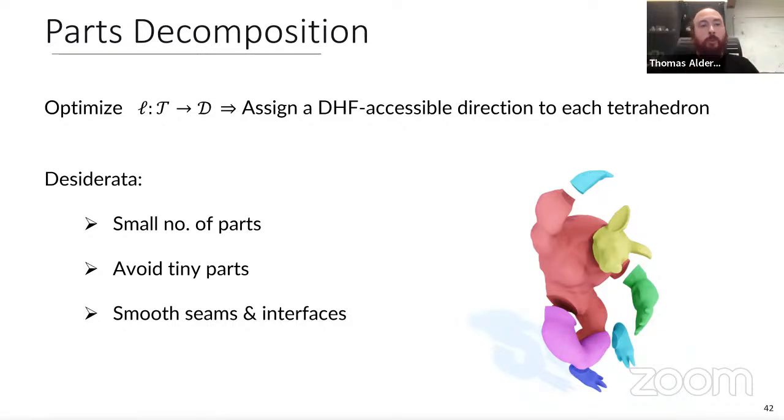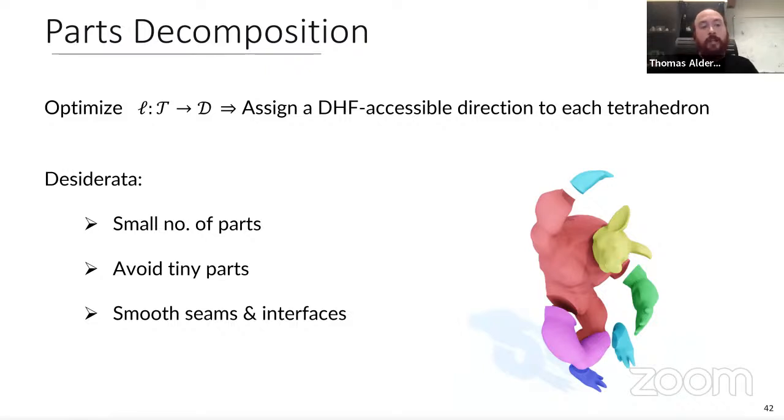In the second step, we address the decomposition into parts as a multi-labeling problem in which we optimize an assignment of DHF accessible directions to elements of the object volume. We carry out this numerical optimization focusing on these desiderata. The first one is that we want to have a small number of parts so that we can keep the fabrication process and also the assembly process simpler.